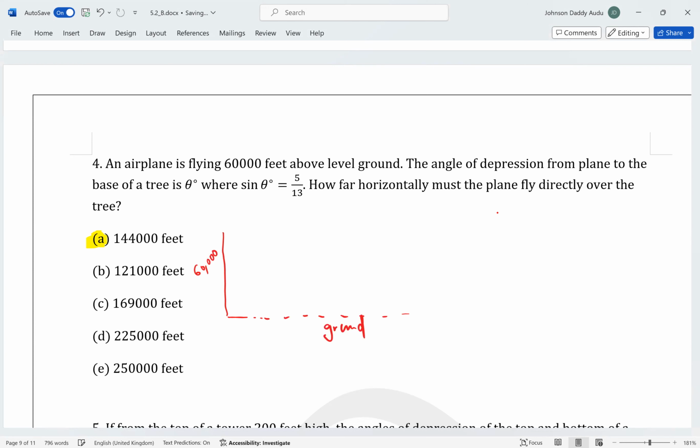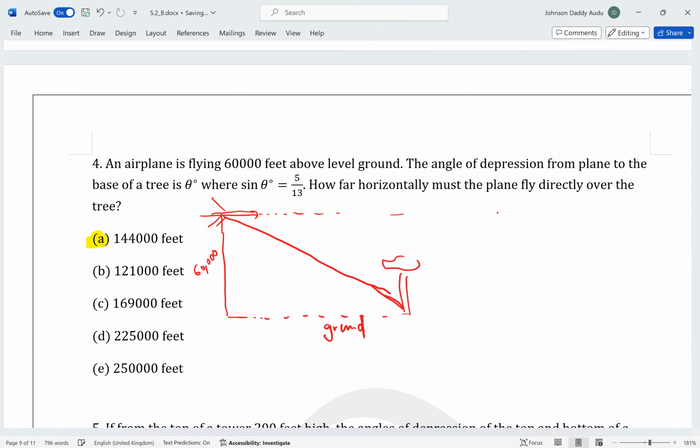Okay, so you have the airplane here. So this is the side of the airplane. And so we have the angle of depression to the base of a tree, similar to what we've done before.